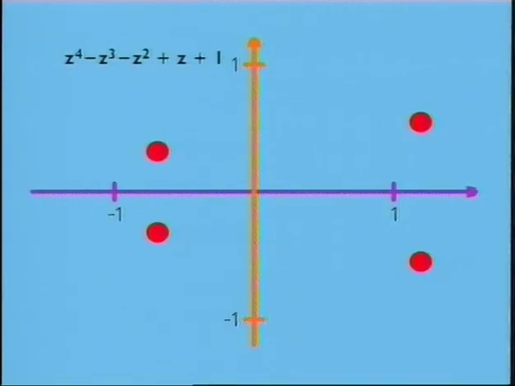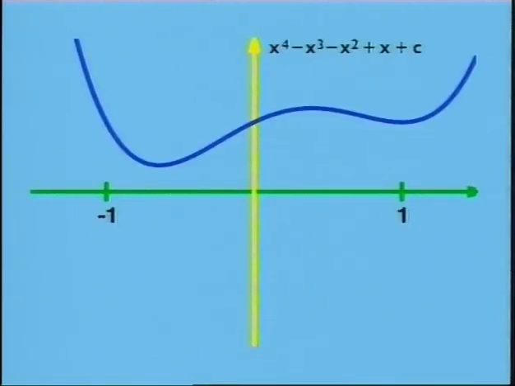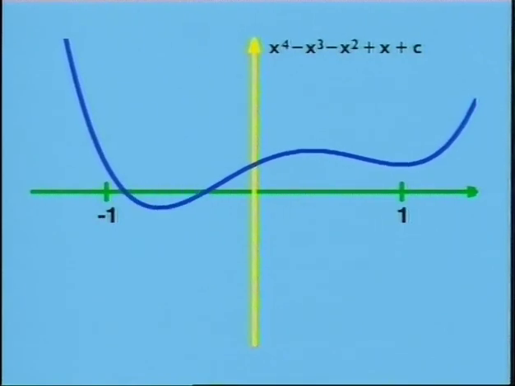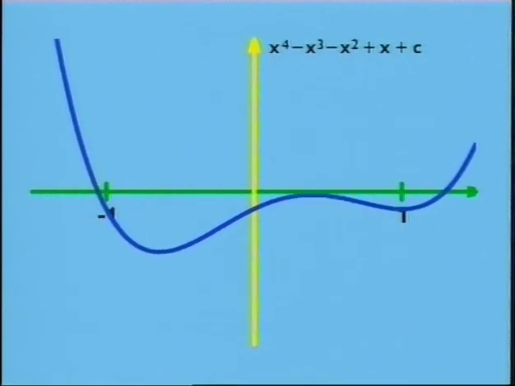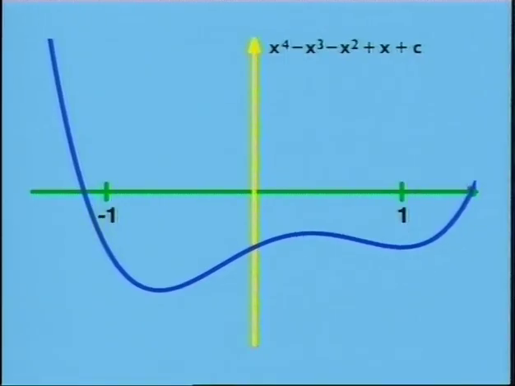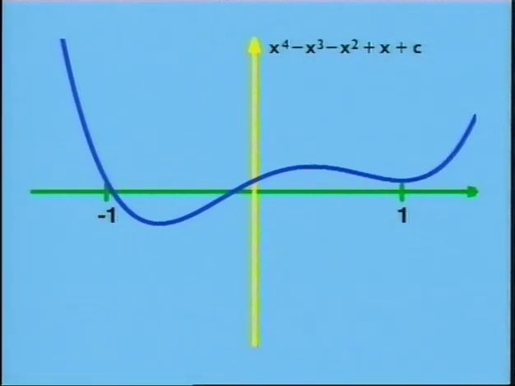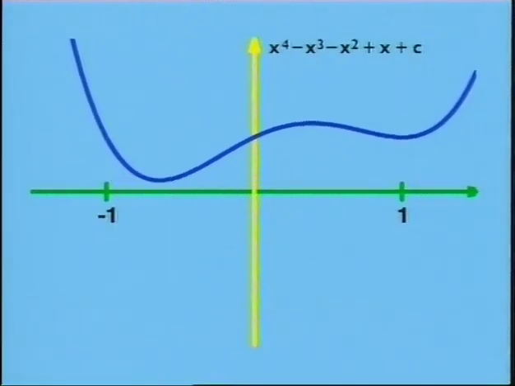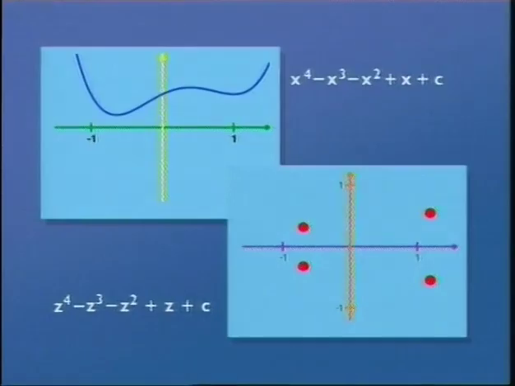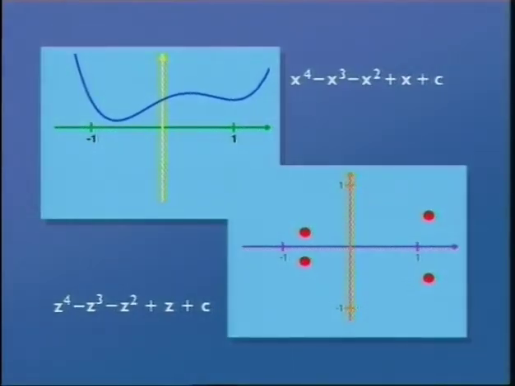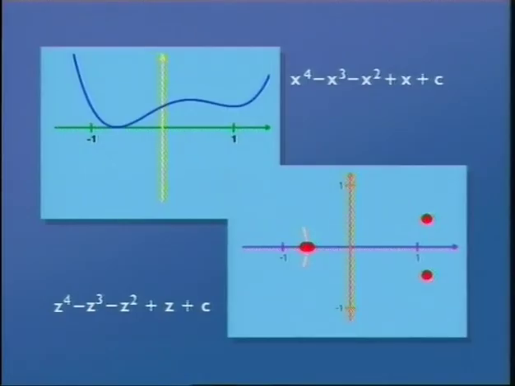So what will happen to the roots if the constant is changed? The pairs of complex roots move together until here, where the graph just touches the real axis, the roots on the left coincide to give a repeated real root.